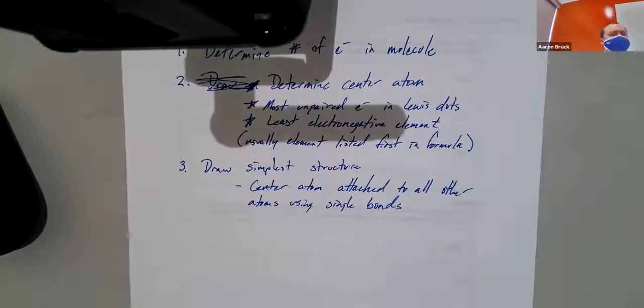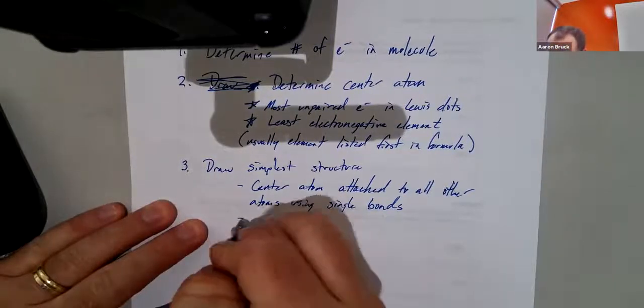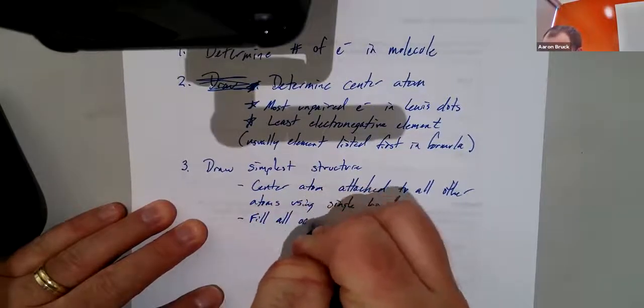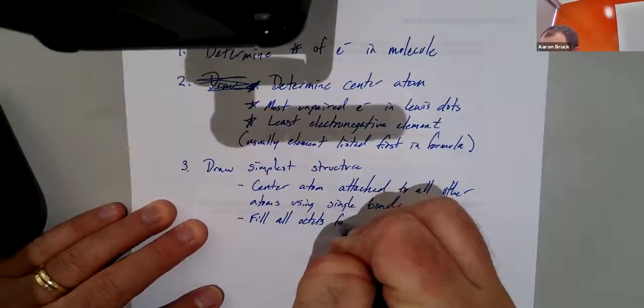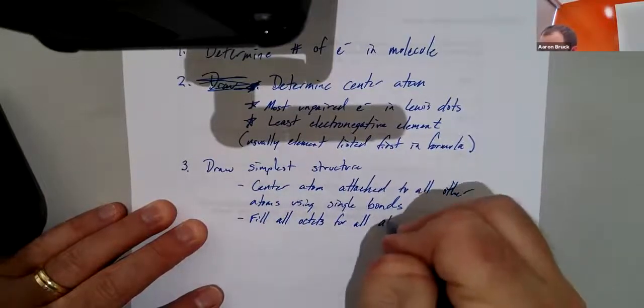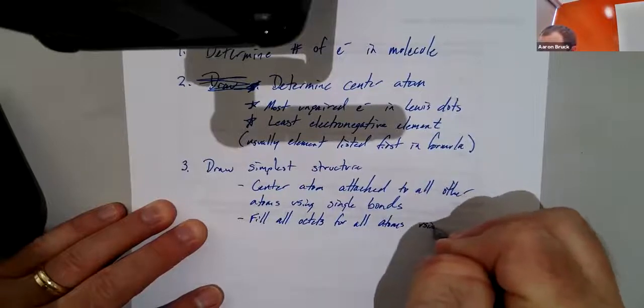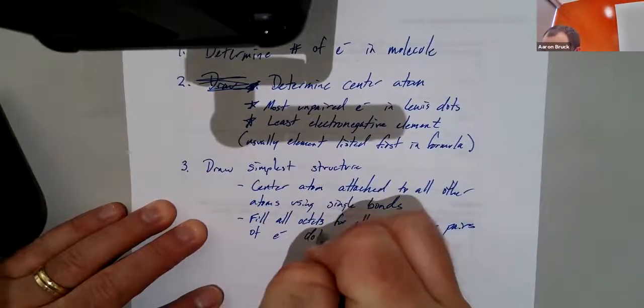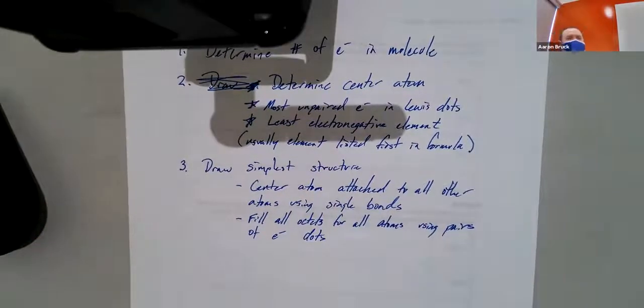So we will always start with this simplest structure with all single bonds first and foremost. And we will end that simplest structure by fulfilling the octet rule for all of the atoms by using pairs of electron dots.